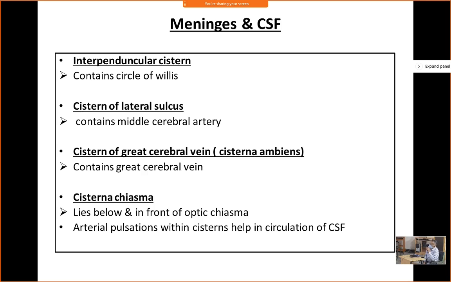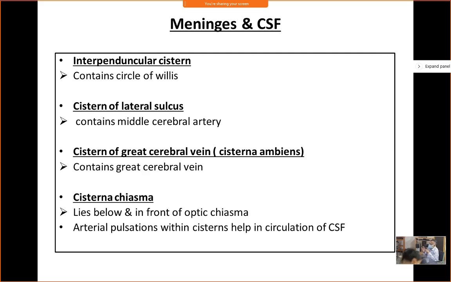At that region, because pia will go inside while the arachnoid mater will not, there will be a dilatation. At that dilatation, the interpeduncular cistern, we are having the circle of Willis, which ultimately supplies the brain. The complete brain is supplied by the circle of Willis.